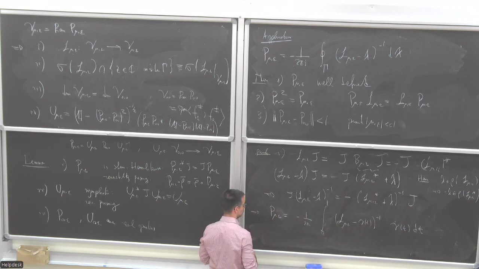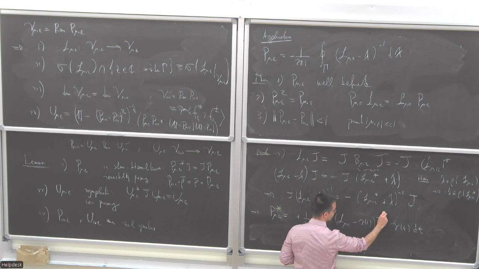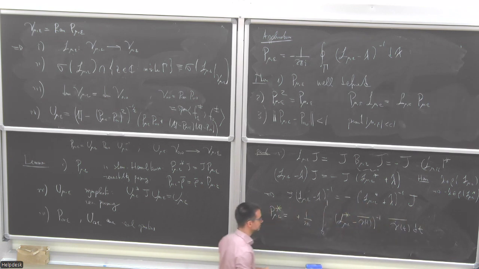And then what I want to do is to compute the adjoint. So I need to take the adjoint of this operator. So the i becomes minus i, so here I get a plus. Here I get an adjoint, and when I go inside with the adjoint, I get here lambda star, and here I get gamma conjugate.